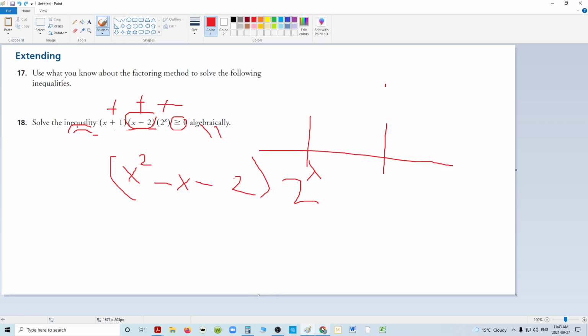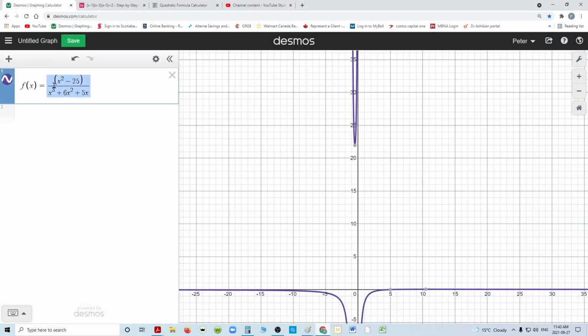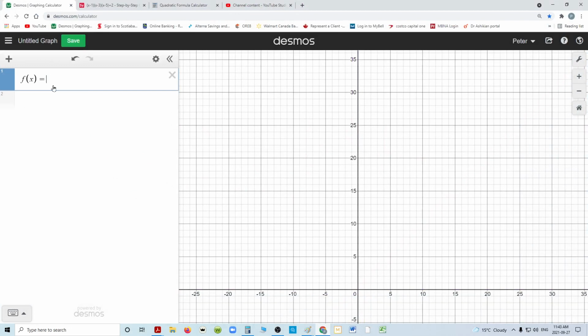But let's see what that looks like. (x plus 1)(x minus 2) times 2 to the x. Now let's see if I can predict it. I'm going to say because the 2 to the x graph is like this.